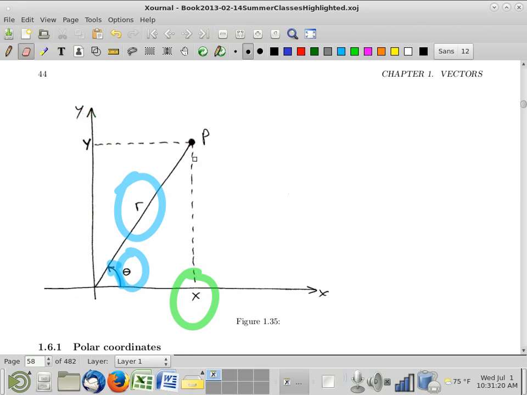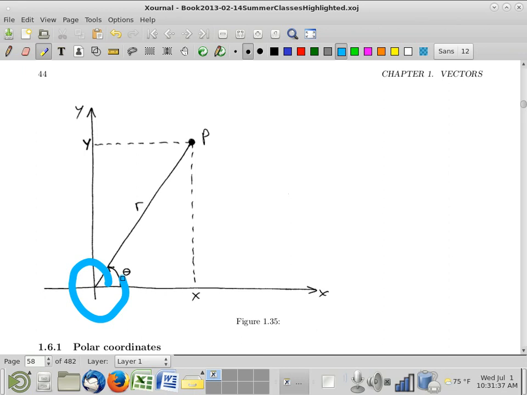Before I do that, I want to observe some awkwardnesses about the polar coordinate system. I can describe this point P by that theta and that r, sure, but I could also, technically, let that be my angle theta.